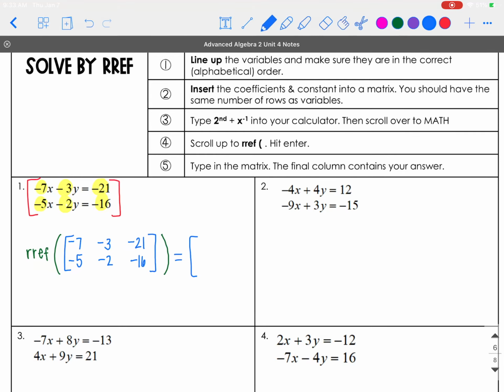And it gives you this. Those first 2 columns they're the identity matrix. The last 2 numbers, this is your answer. This is your solution. Our solution is 6, -7.